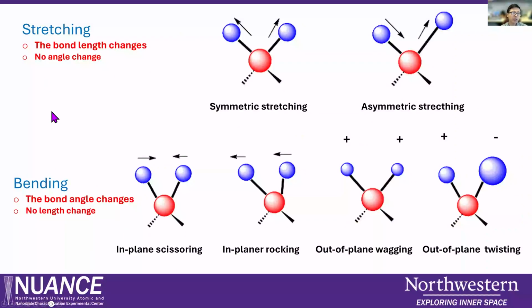The vibration is divided into stretching and bending. Stretching is basically where the bond length changes and the angle does not change, like going in this direction, symmetric and asymmetric, with length change. And bending is where the length is fixed but the angle changes. Here the angle goes through scissoring, rocking, wiggling, and twisting.